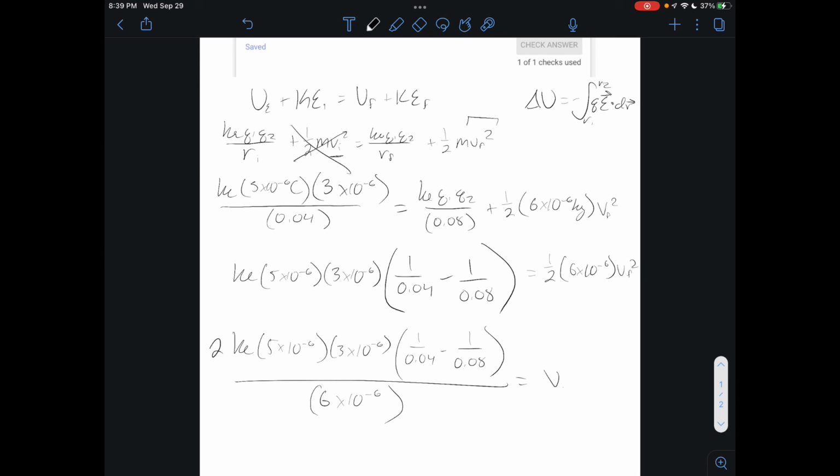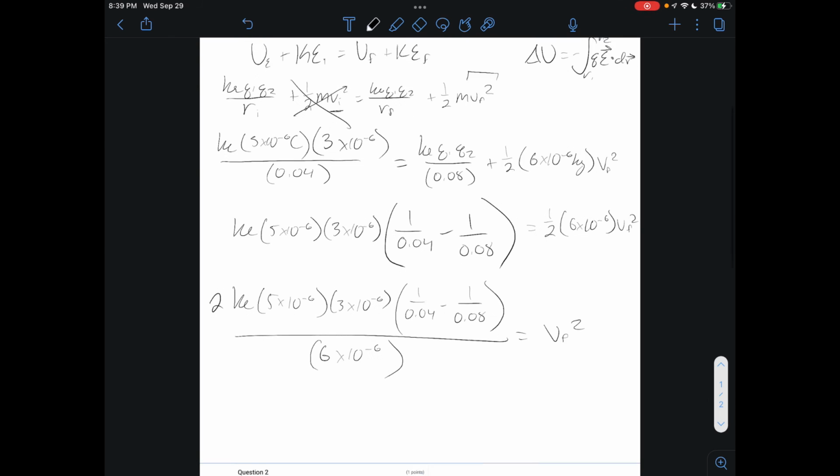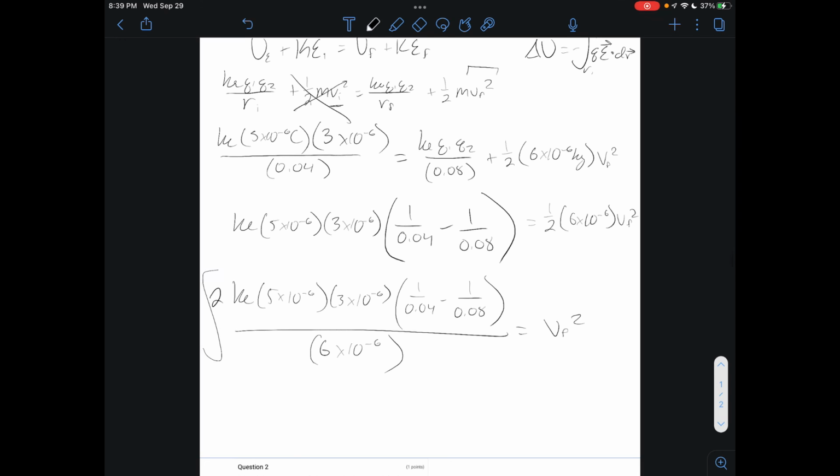That's going to give us our v final squared. So we're going to take the square root of all of that, and that's what's going to give us that v final.